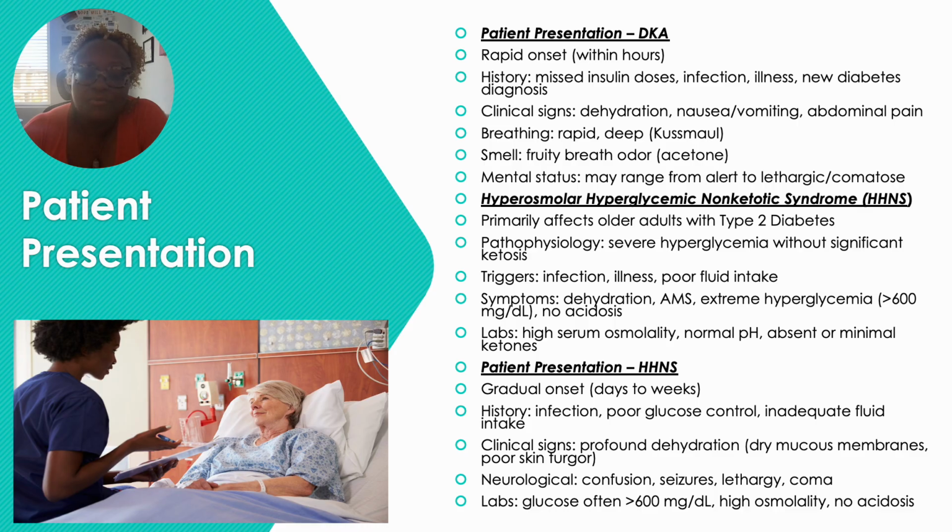They might present with dry mucous membranes, poor skin turgor. When we're doing our neural checks, they might be confused. Seizures could be a possibility, lethargy, and coma. Some of the labs when we check, glucose might be upwards in the 600s. We're going to have a high osmolality with no acidosis.